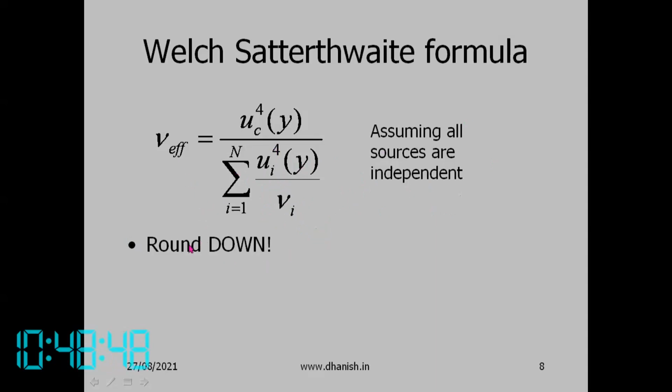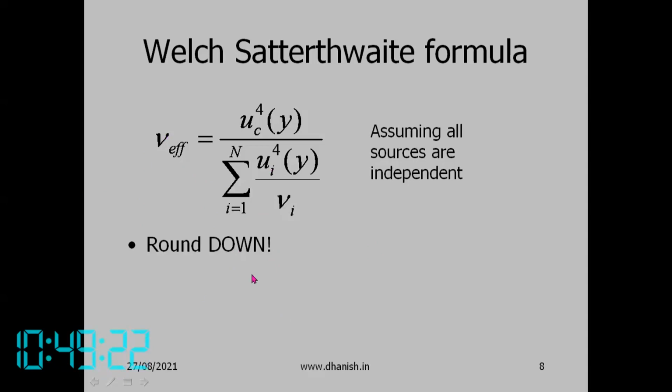And the effective degrees of freedom should always be rounded down. So this is an important thing. So in the exam, please be careful. Don't round up. If you don't round down, you may lose marks. So if you are unlucky and you get an effective degrees of freedom of 6.5, what should be taken as the effective degrees of freedom?